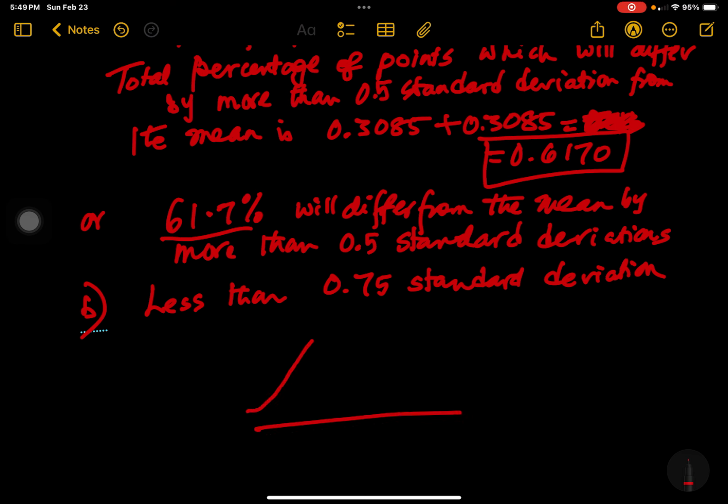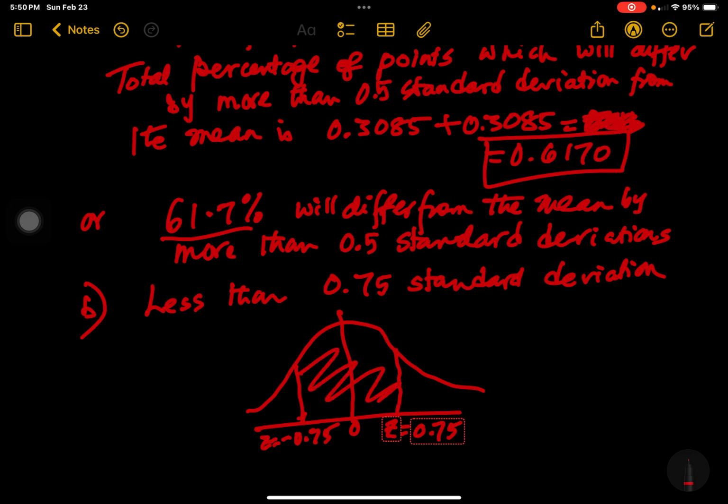So let's draw the normal curve again. Okay. So you are away from the mean by 0.75. So z in this case will be 0.75 because in the center z is 0, and on the left of the mean z is minus 0.75. And we want to find out the total area in between them.